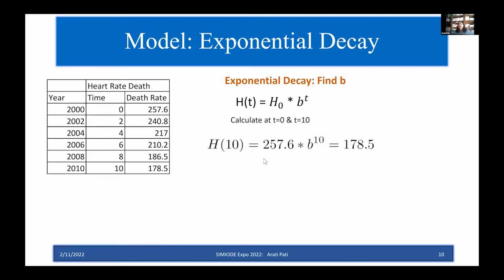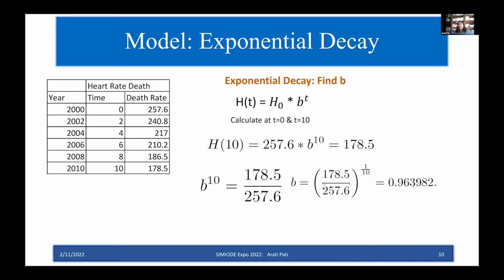I will put this here so that this is an algebraic equation, and I need to solve this to find the value of B. So B to the power 10 is this. Therefore, if I take the 10th root, I get the value for B equal to 0.96 and so on. Hence, I will write this equation as H(T) equal to 257.6 times 0.96 to the power T.